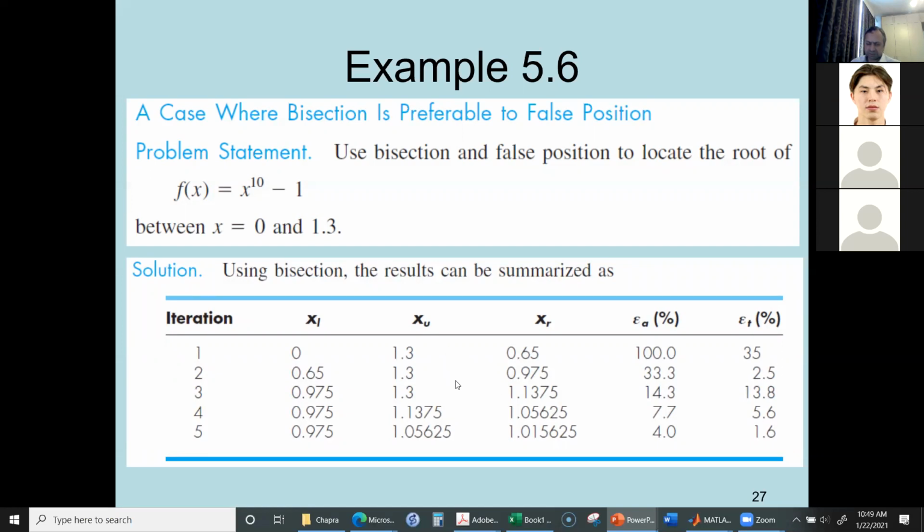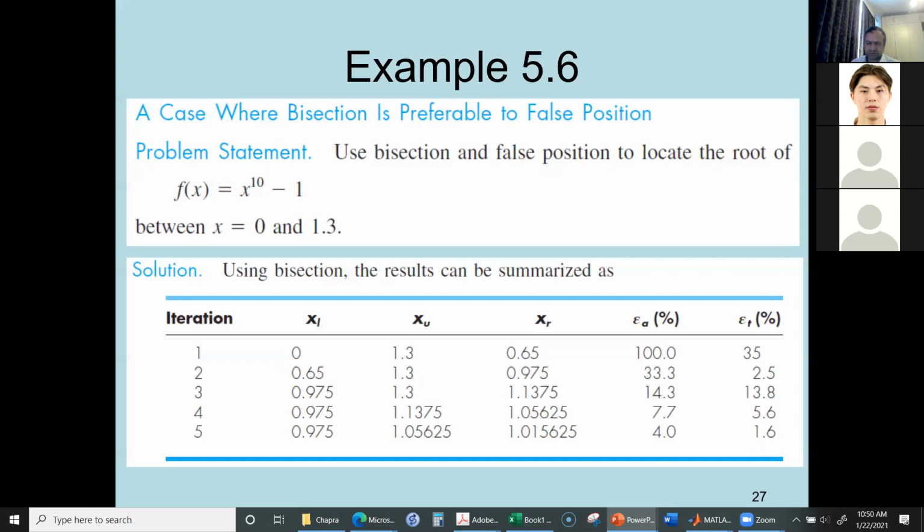By the same approach as we have seen in Microsoft Excel, we can apply the false position method, and after the fifth iteration, the solution is about 1.1015, with an approximate percentage relative error of 4% and a true percentage error of 1.6%.